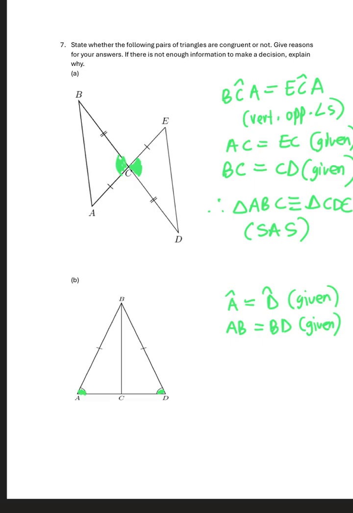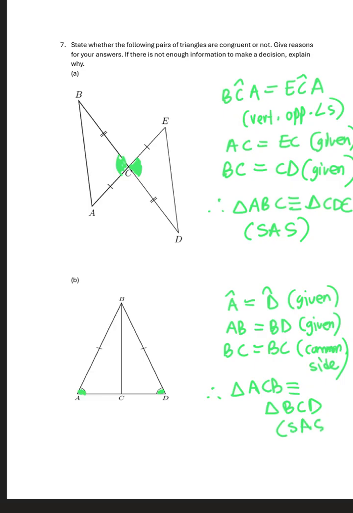And then we also have BC is equals to BC, is common side. Therefore, we can conclude that triangle ACB is congruent to triangle BCD, reason side angle side.